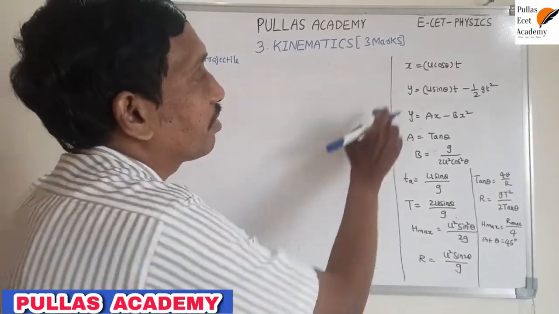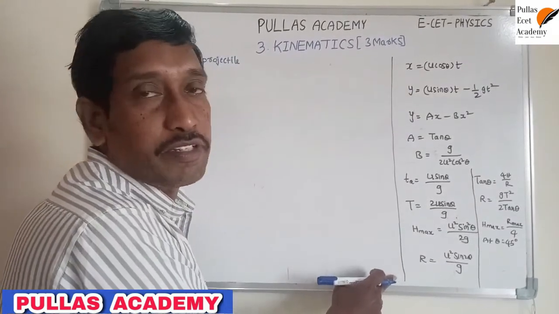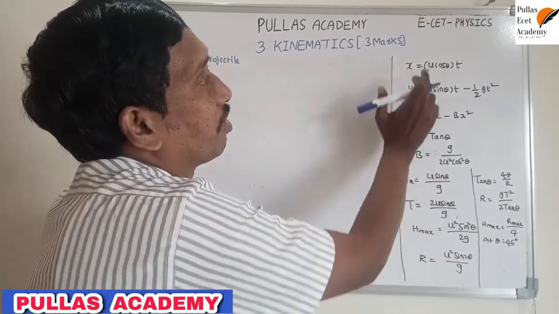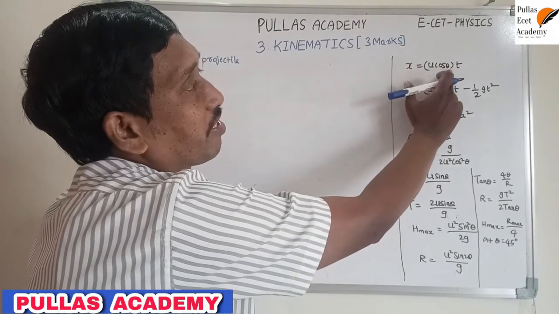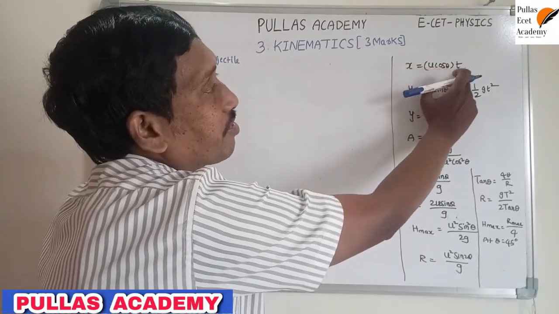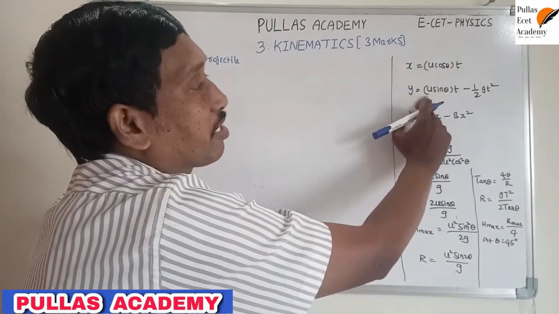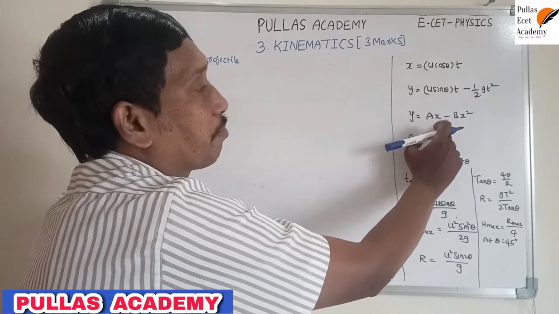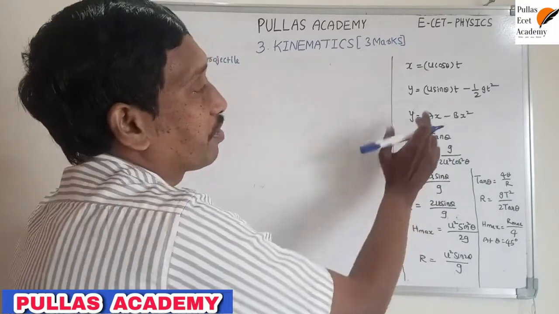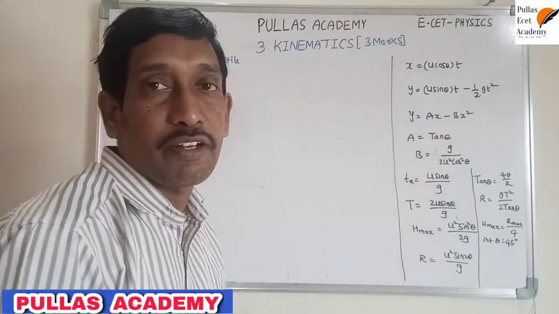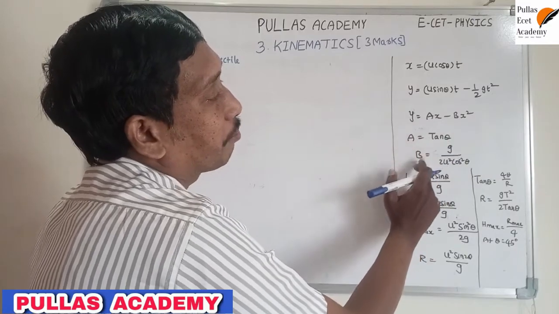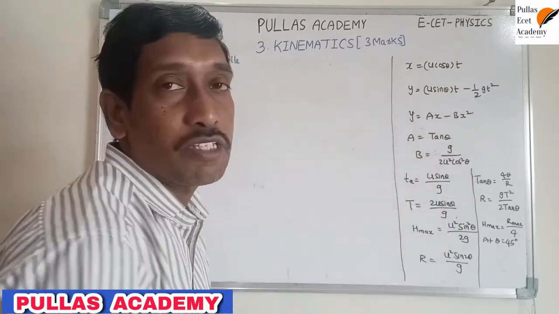In this chapter, these all are the important expressions. You have to concentrate on these expressions and recognize these formulas. One is horizontal displacement at an instant of time, x is equal to u cos theta into t. Then vertical displacement at an instant of time. The oblique projectile equation is y equal to ax minus bx square. From this formula we understand the trajectory of the oblique projectile is a parabola. Here a is tan theta, b is g by 2u square cos square theta.